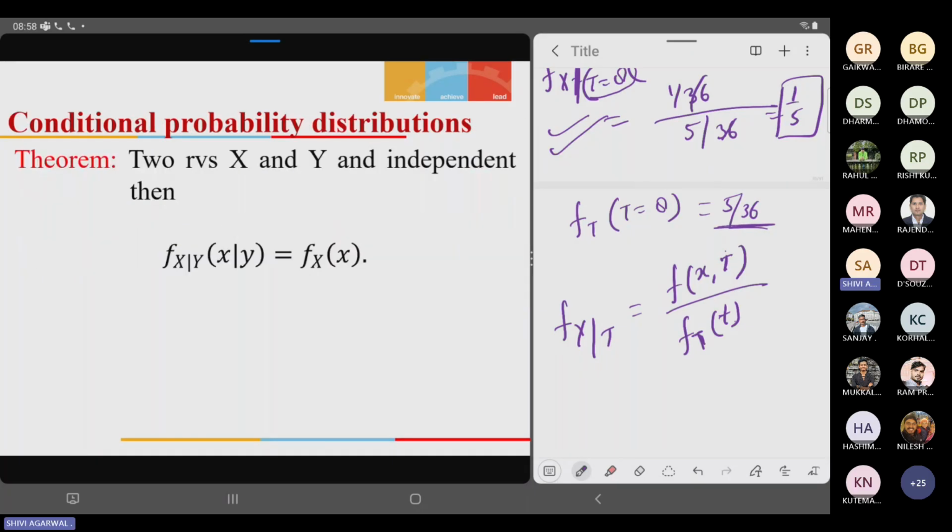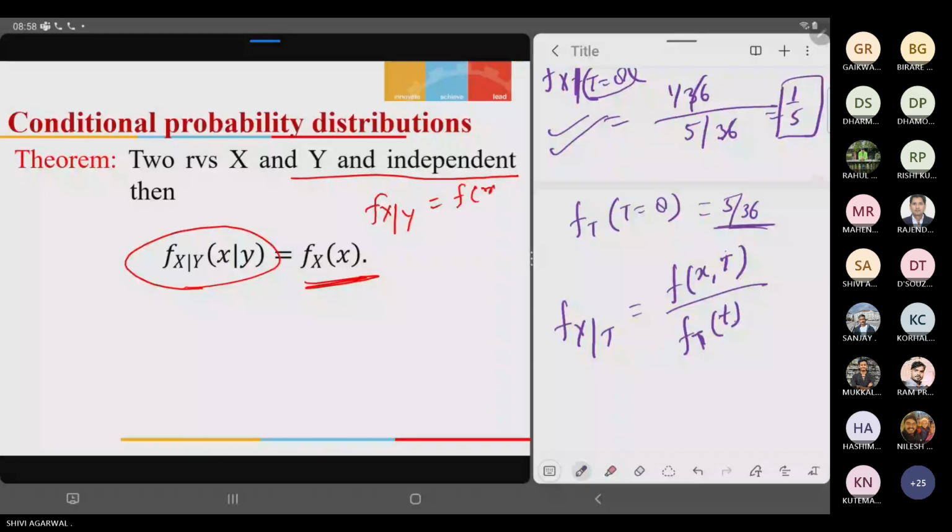Now we can say that if two random variables are independent, the conditional density function becomes the same as the marginal density function f of x. How can you do it? f of x given y is equal to f of x,y upon f of y.